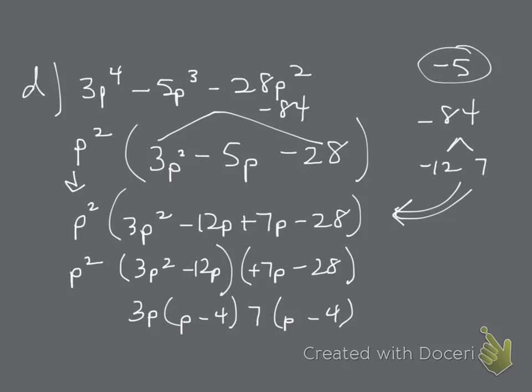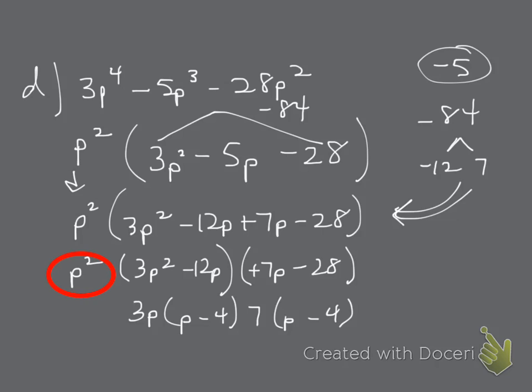So, Nathan asked, what are we going to do with this p squared? Well, here's where it gets tricky. You need to leave this p squared kind of right there hanging out. Because you don't want to bring it down and accidentally multiply it to the 3p. We're going to bring it down at the end. Don't bring it down here and accidentally multiply by 3p because that would be wrong.